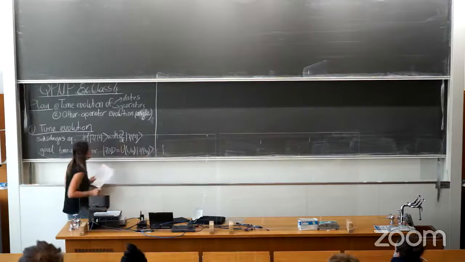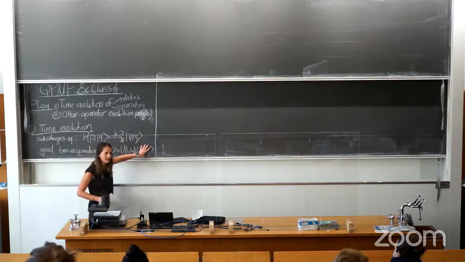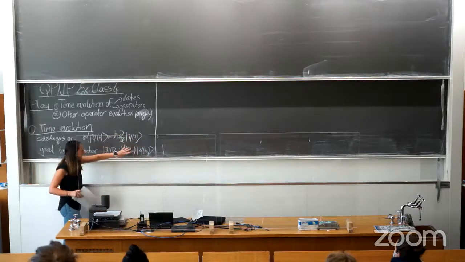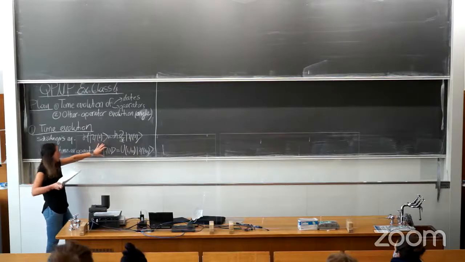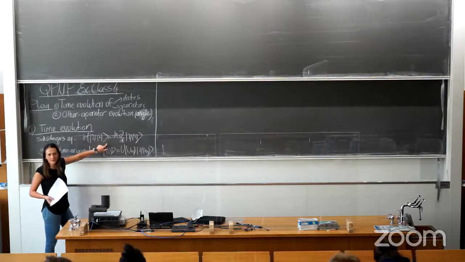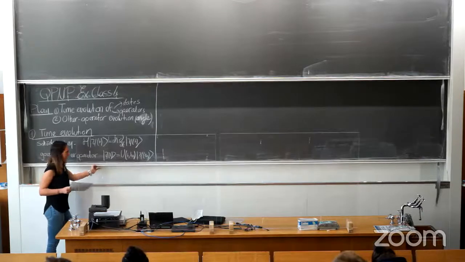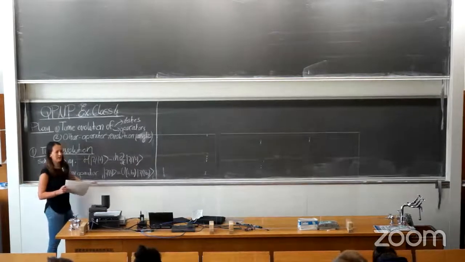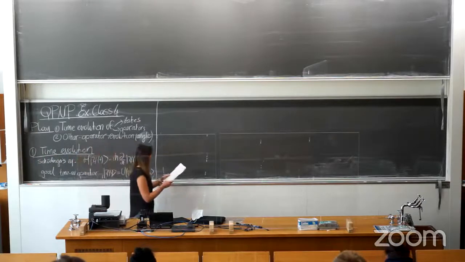So the idea is we have an initial state, we time evolve it, and we have a final state. And this is the current state. And this state must solve this equation, of course, because this is the basic equation of quantum mechanics. So now we have a special case.